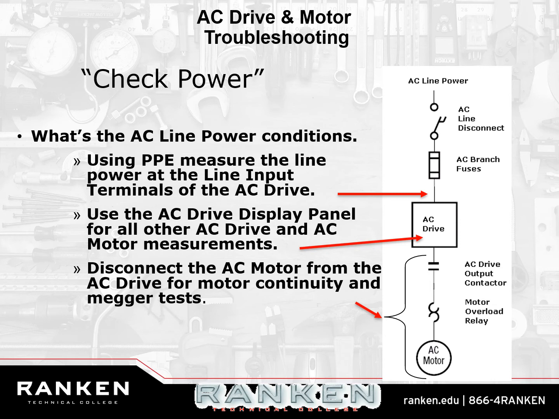That'll zap those IGBTs quicker than anything. So make sure either you have an output contactor that you can disconnect from the motor, or disconnect the entire circuit from the motor. Once you've disconnected the motor, it's fine to check the motor with a mag. It's fine to do any of the other checks that you want to do. But the output side, the IGBT side of your drive, you need to try to protect it from transient voltages.